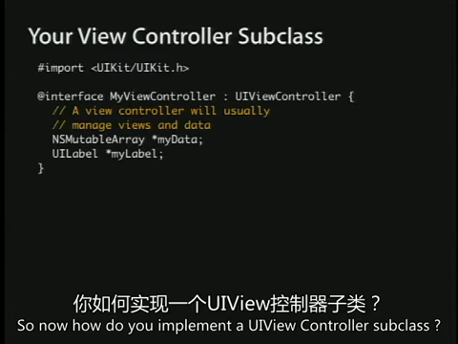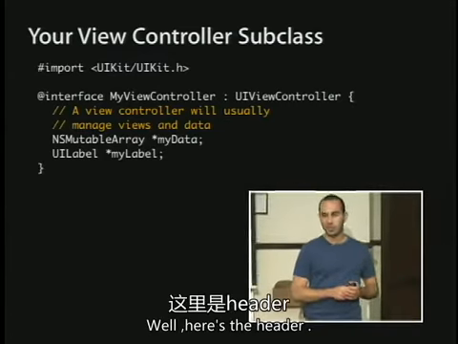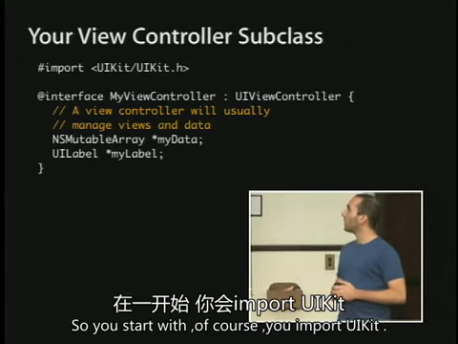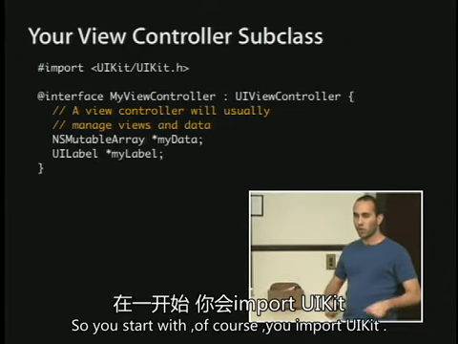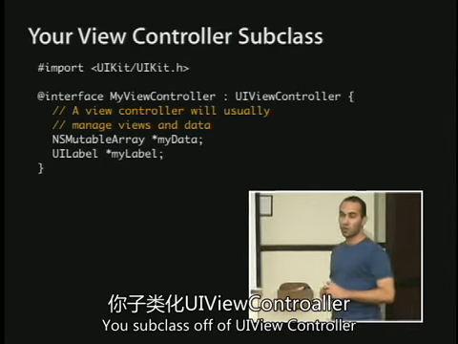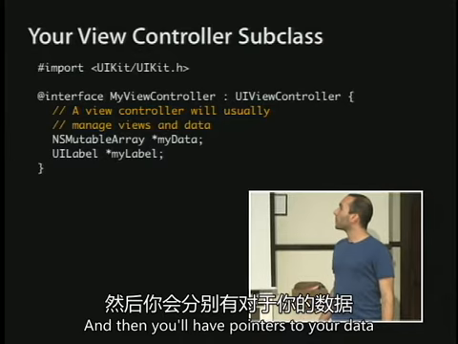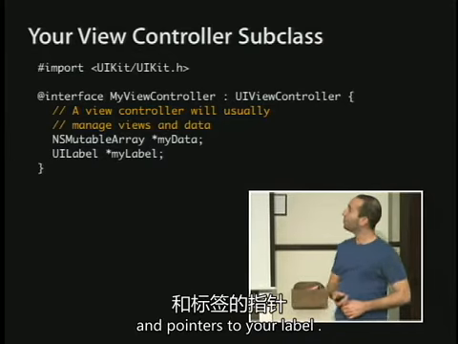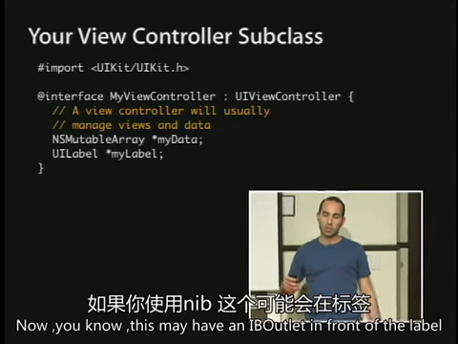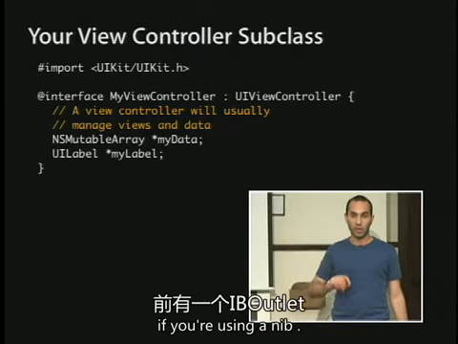So now, how do you implement a UI view controller subclass? Well, here's the header. You start with, of course, importing UIKit. You subclass off of a UI view controller, and you should all know about subclassing by now. And then you'll have pointers to your data and pointers to your label. Now, this may have an IB outlet in front of the label if you're using a nib.